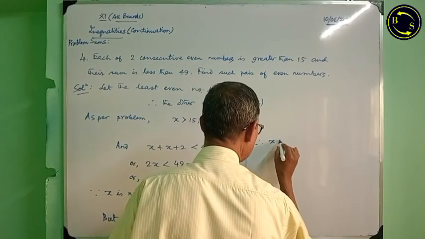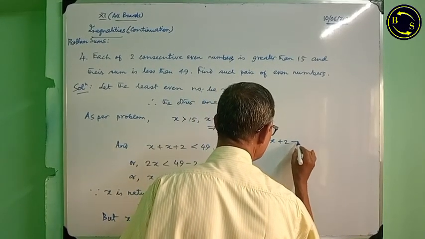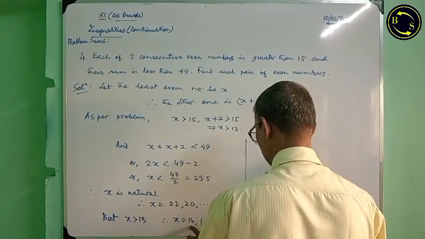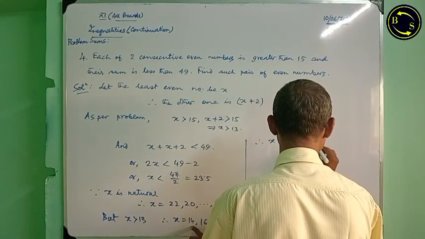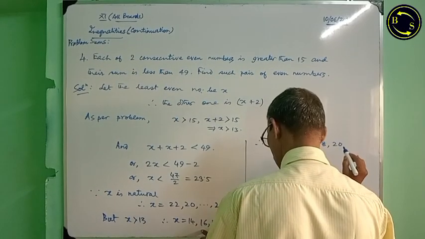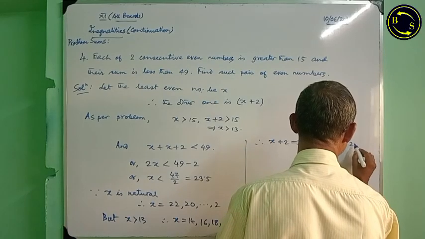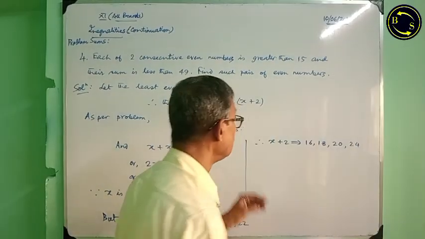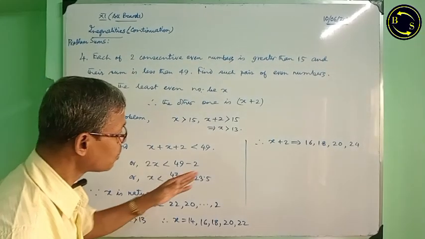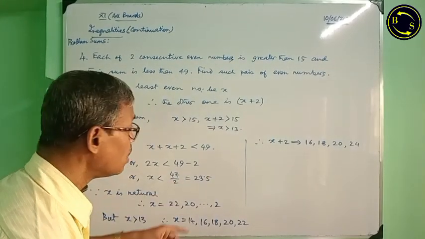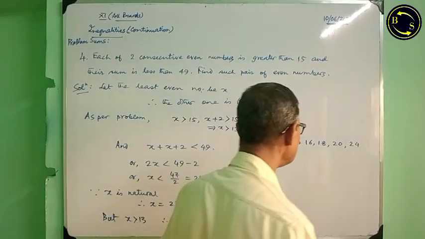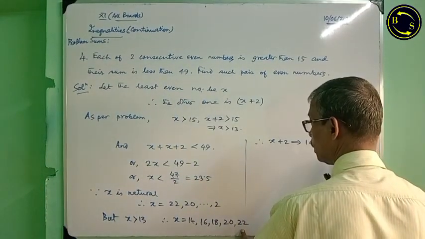Therefore, x plus 2 for 14 it will be 16, 18, 20, 24. But we have to see the sum. In case of the last one, 46.